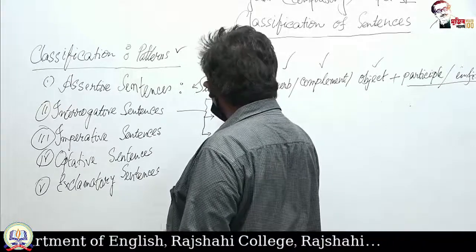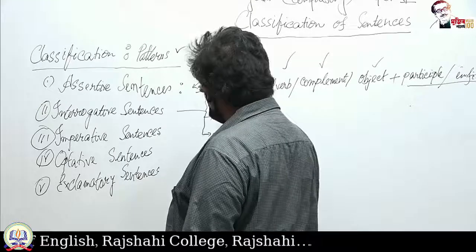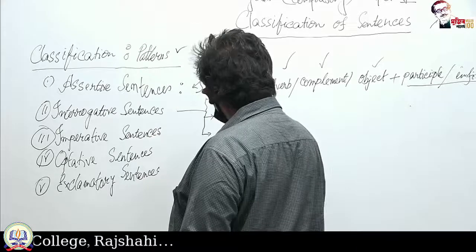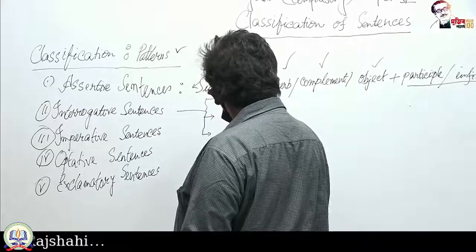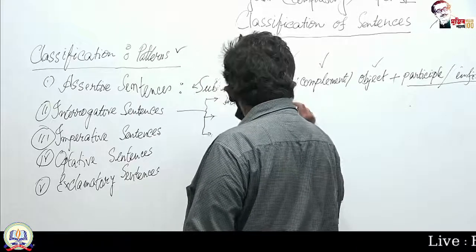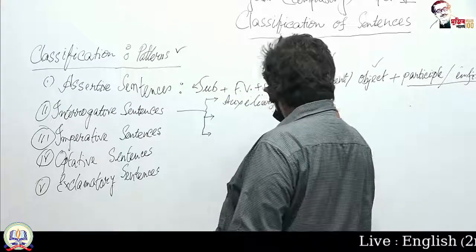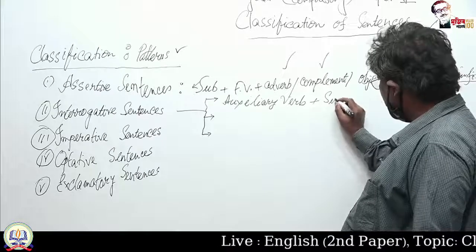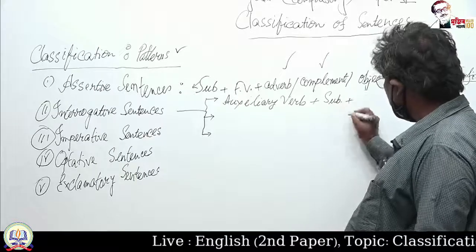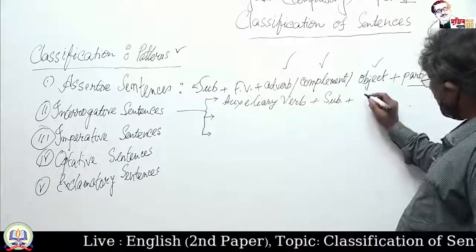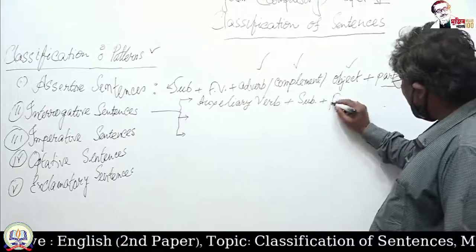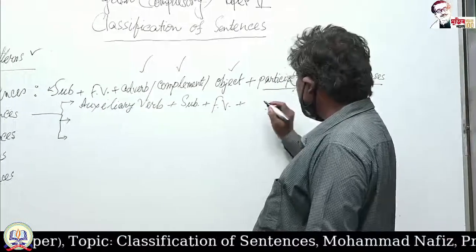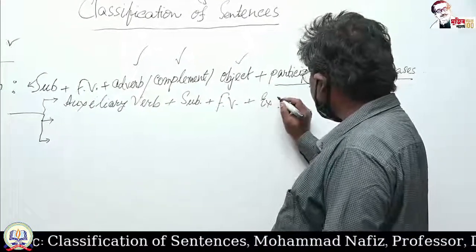For example, some interrogative sentences begin with an auxiliary verb, that is followed by the subject, then comes the finite verb, and afterwards the extensions.